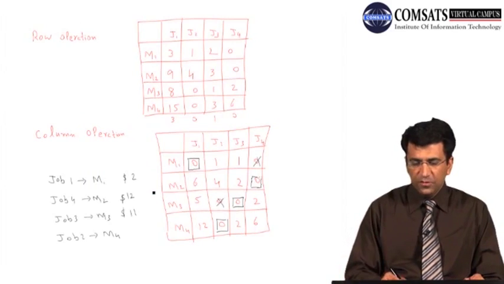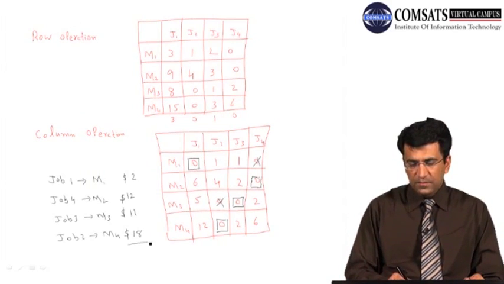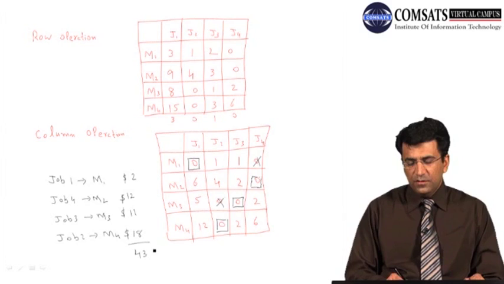So let's write $18 here. If we add all of these profits, 12 plus 2, 14, 14 plus 11, 25, 25 plus 18, $43. So again class, this is our maximum profit.